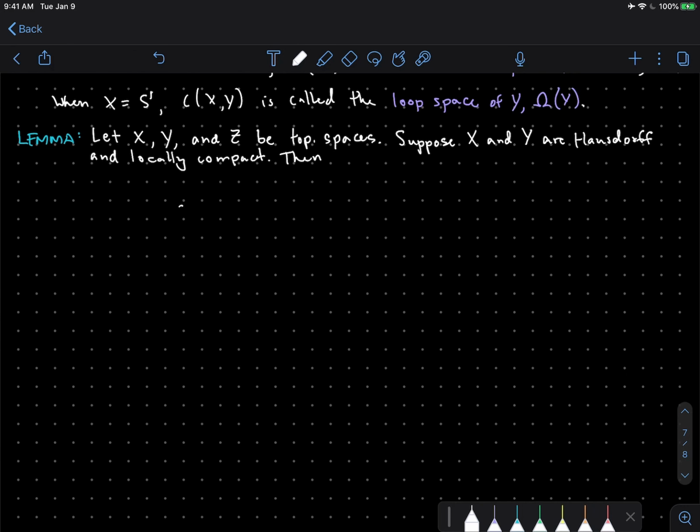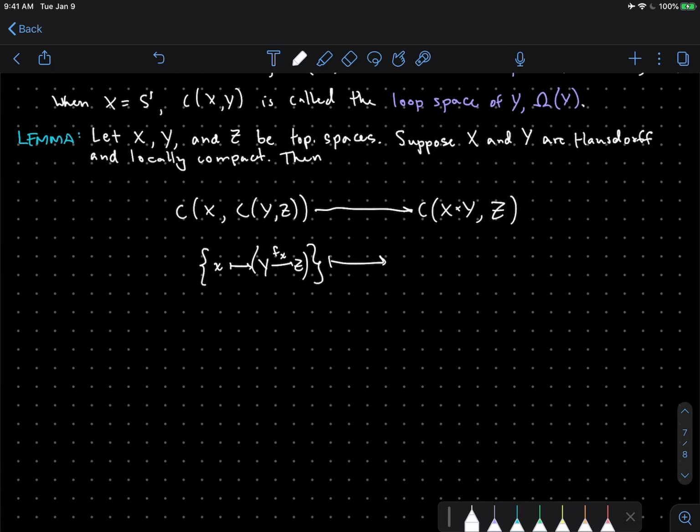Then we have a map from the mapping space of X into the mapping space from Y to Z. Now this maps via the map that takes little x to f sub little x from Y to Z. This will go to the mapping space from X cross Y into Z. This gives us now the map that takes little x comma little y to f sub x of y.